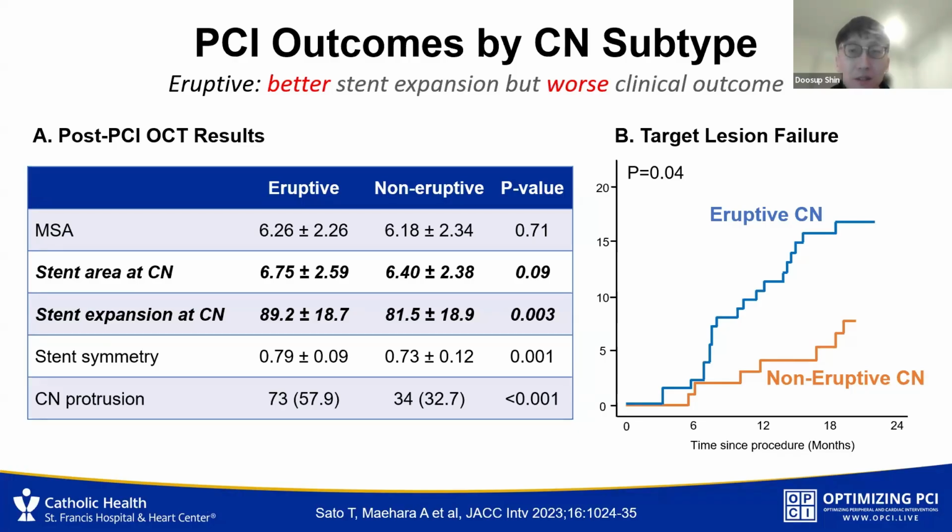However, studies have consistently shown that target lesion failure after PCI is much higher in eruptive calcified nodule compared to non-eruptive calcified nodule, despite better stent expansion. This is likely because eruptive nodules are more biologically active, and patients often present with acute coronary syndrome rather than stable disease.